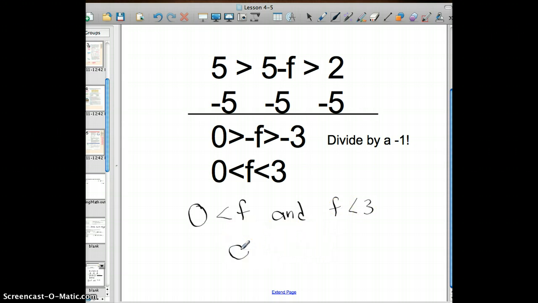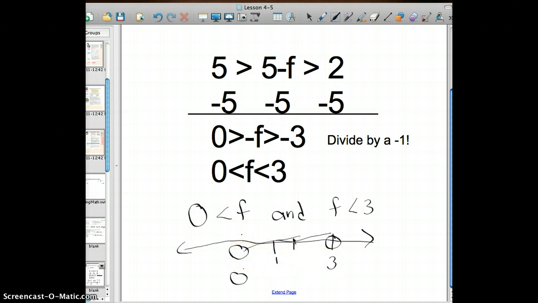If we have an open circle on the 0 in our number line, there's my poorly drawn number line, okay? Here is 0, and let's say here is 3, and again we have an open circle on the 3. f is less than 3 is going to go this way. f is greater than 0 is going to go this way. So between 0 and 3 is our solution.